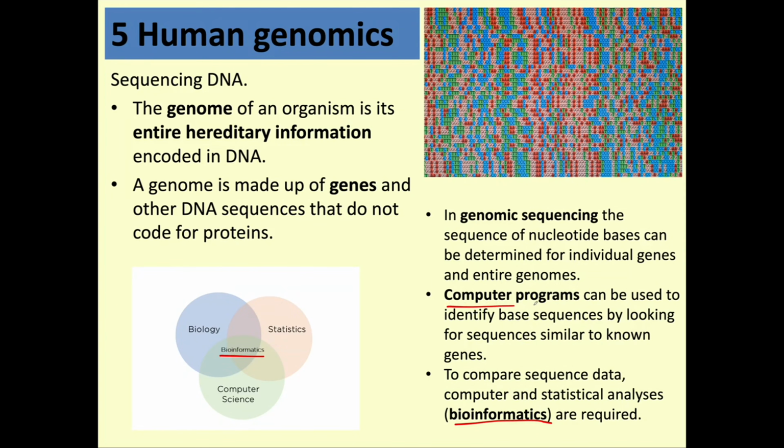So we use computer programs to identify those base sequences, and in genomic sequencing, we can determine the entire sequence for both individual genes and the entire genomes of people. The genome itself is made up of genes, but also other DNA sequences that do not code for proteins. And our genome is the entire hereditary information found within our DNA.